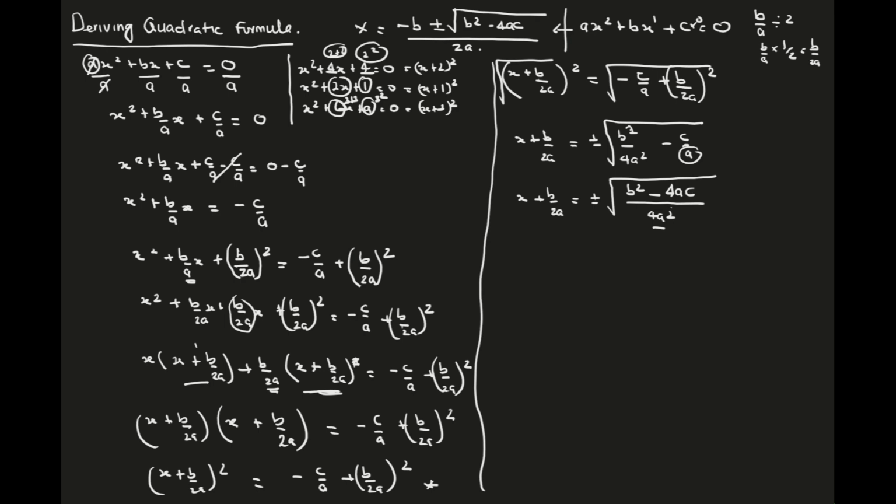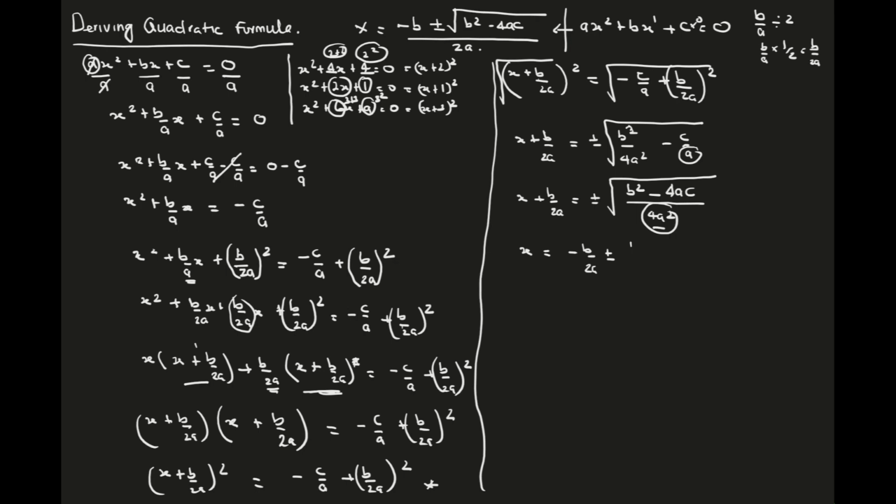Okay, now we can remove this to the outside. I'll also take this to the other side in the same step. Is equal to minus b over 2a plus or minus the square root of this, which is 4a squared, is 2a.